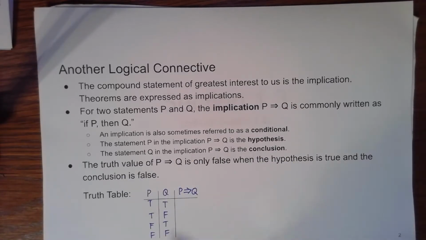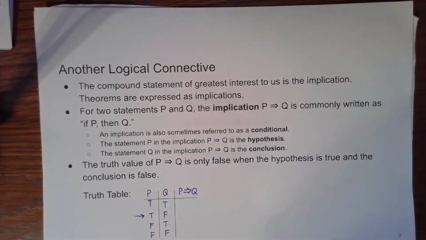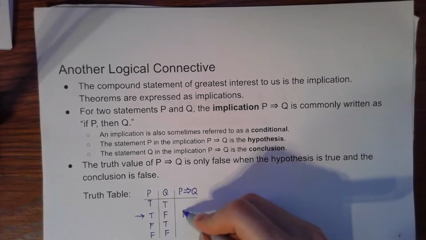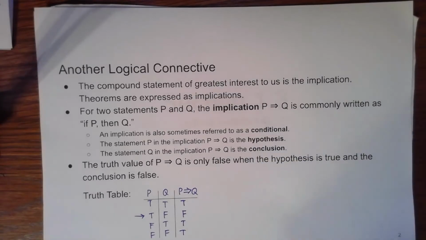So if we look here, the hypothesis is true, that would be here or here, and the conclusion is false. Q is the conclusion. So this is the only place where we have a true hypothesis and a false conclusion. That's the only place where the implication is false. So this one is false and all the others are true. So that will be our truth table.